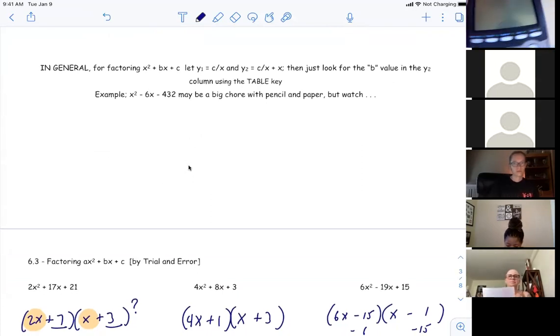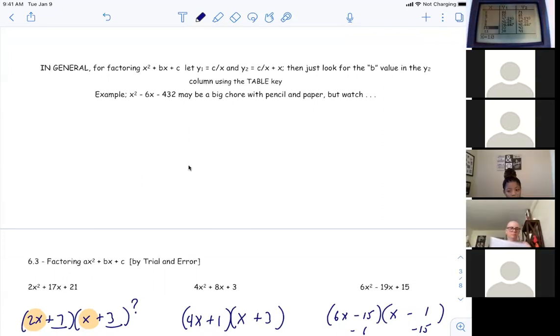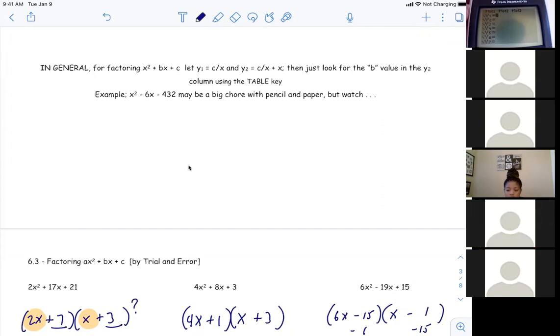Feel free to leave if this is just tedious for you. No need to stick around, but I just want to show you the power of this thing. These are big numbers, right? Negative 432. We're back to 1x squared here.